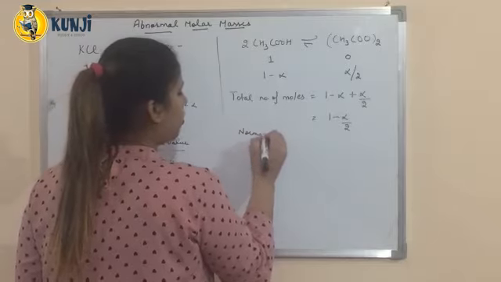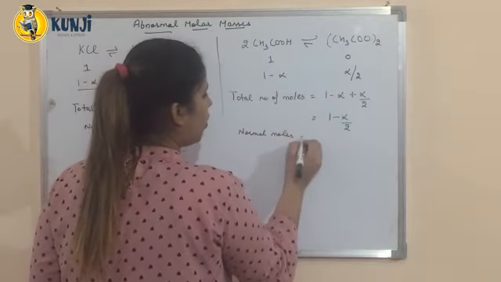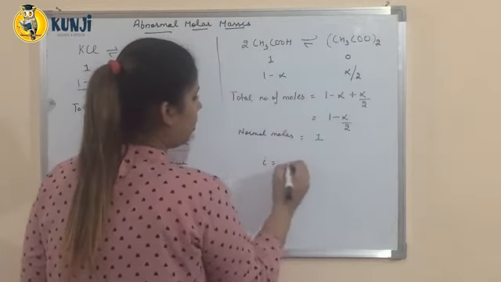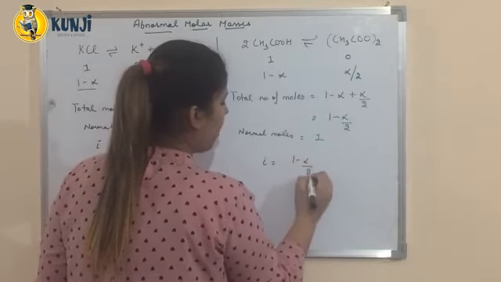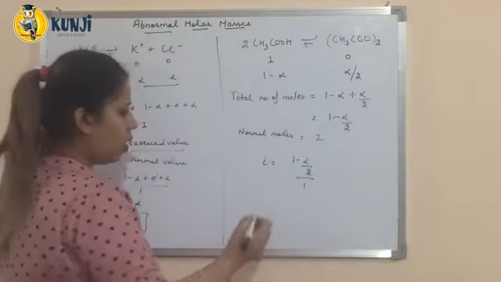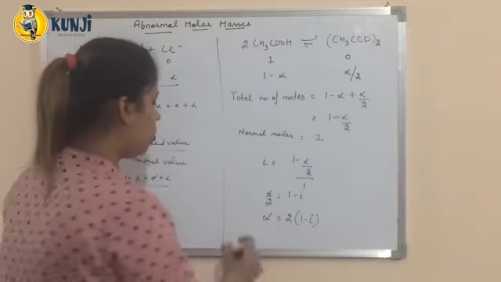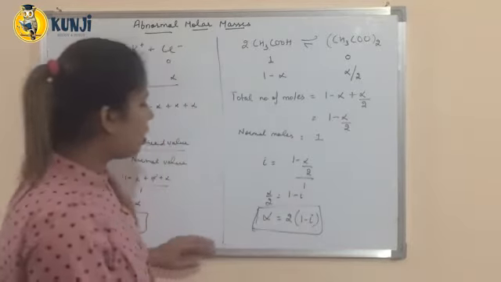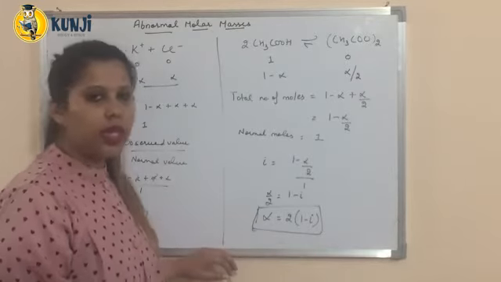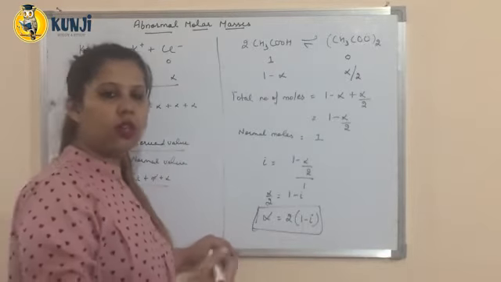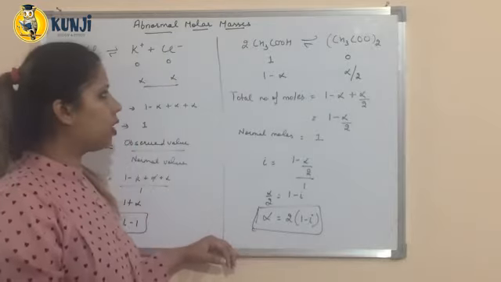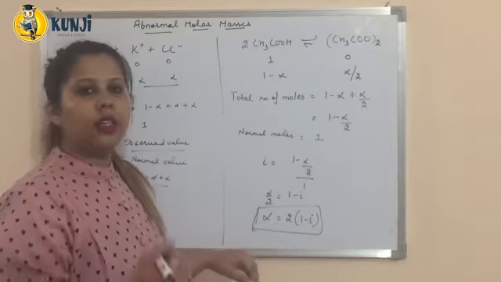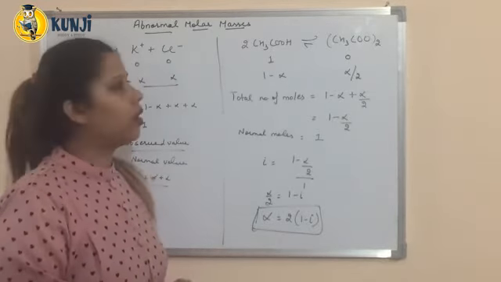And the normal moles which we had taken at the start was 1. So i will be equal to 1 minus alpha by 2 over 1, or we can get alpha is equal to 2 into 1 minus i. This is how we calculate the extent of association or dissociation in case of an electrolyte solute.